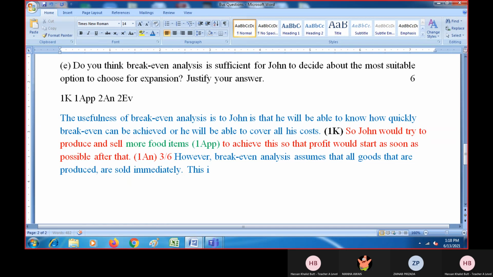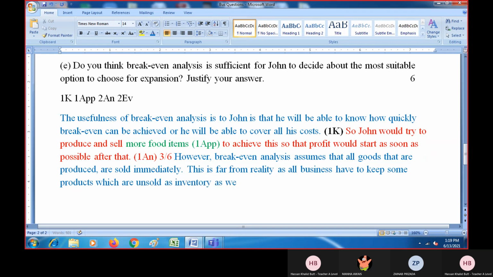This is far from reality. All businesses have to keep some products which are unsold as inventory as well, right?